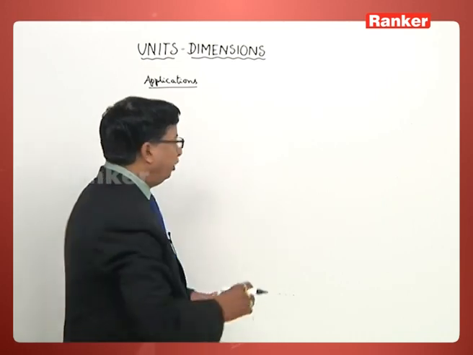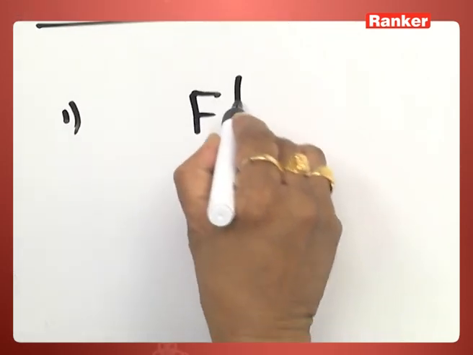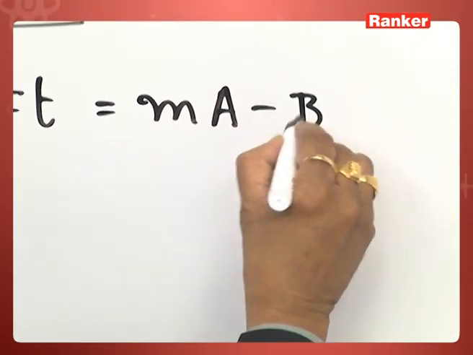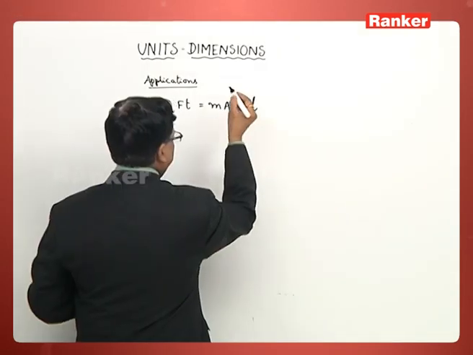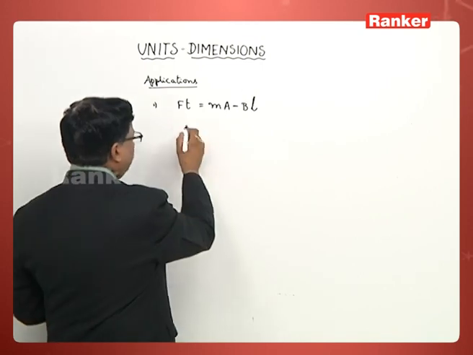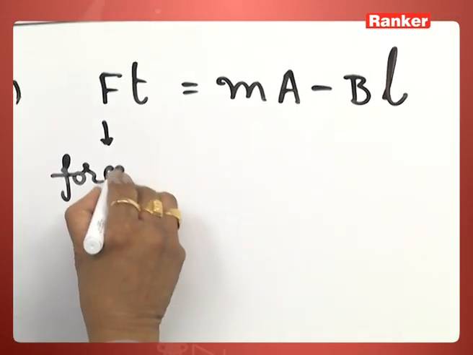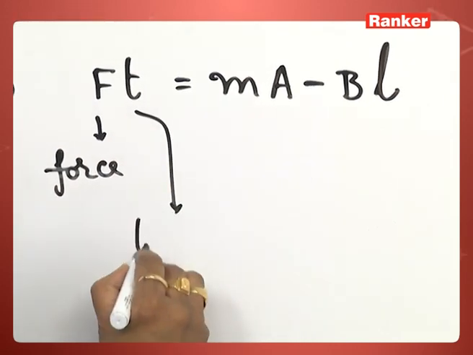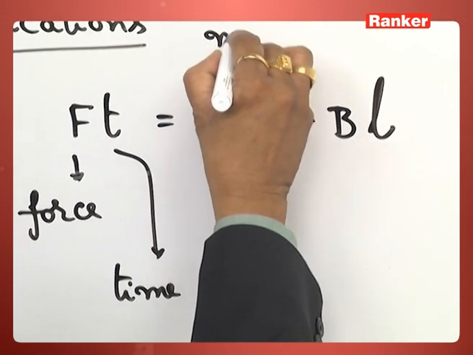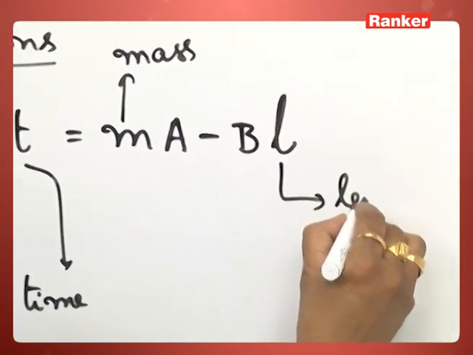I will give you an example this way. F into T is equal to MA minus BL. There is one equation given this way. Out of that, it has been mentioned that F is force, T is time, M is mass and L is length.